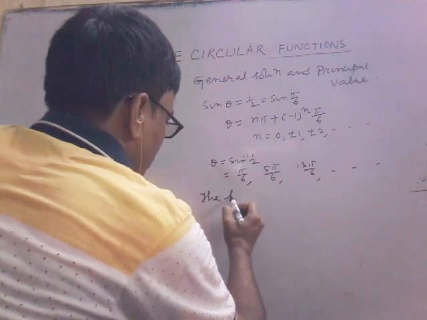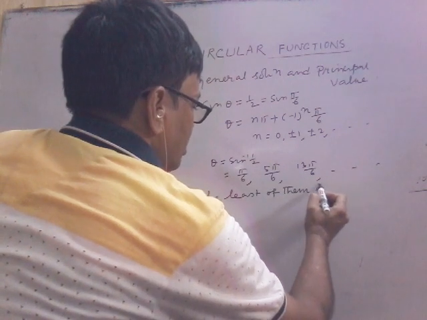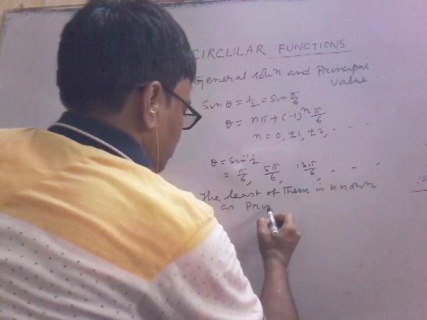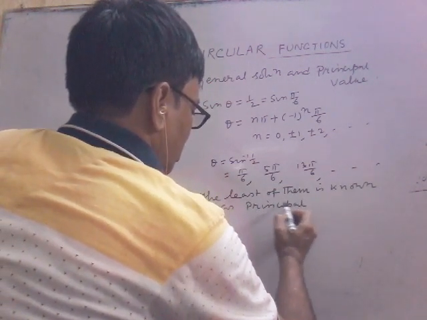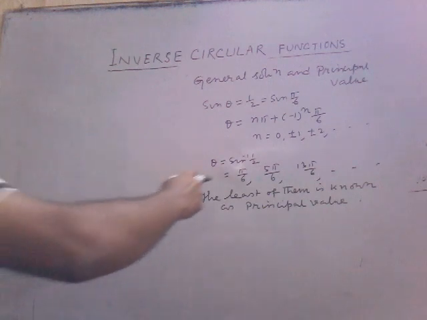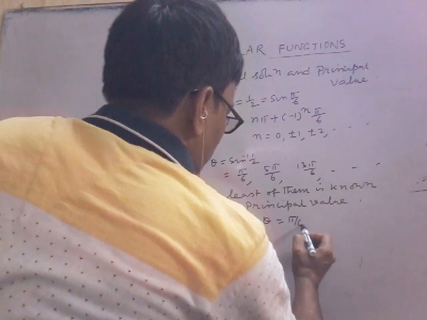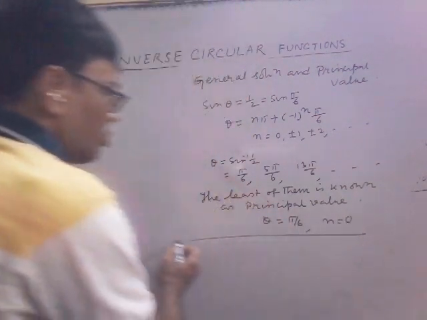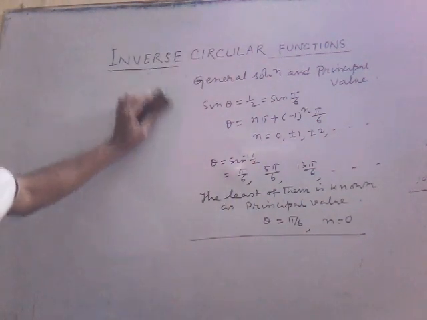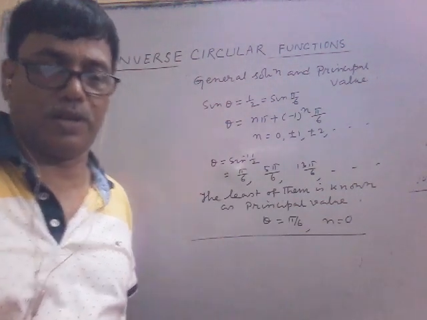The least of them is known as the principal value. So what is the least value? Least value, theta equals pi by 6, n equals 0. So general value and least value. Least value, this is the principal value.